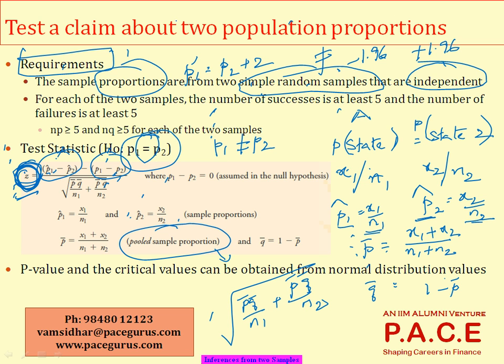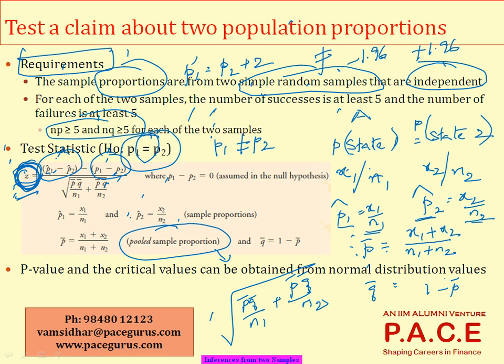And as we have discussed in our earlier chapters, whenever I want to approximate a binomial distribution to a normal distribution, this particular condition should definitely be satisfied. Your np should be greater than or equal to 5 and nq should be greater than or equal to 5 for each of the two samples. If that is not the case, then obviously I cannot use this entire hypothesis testing procedure.